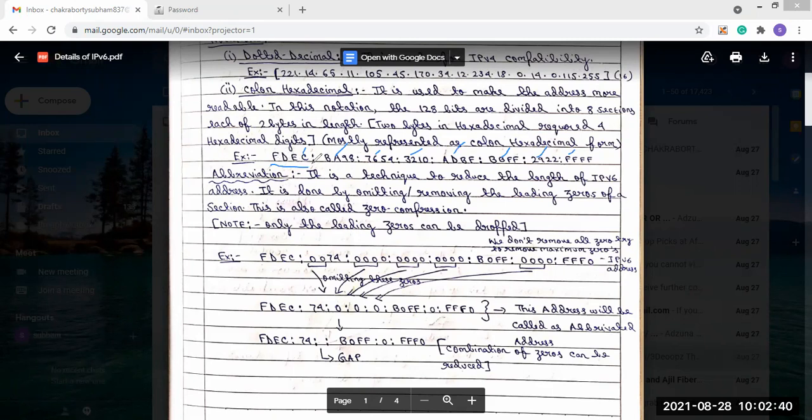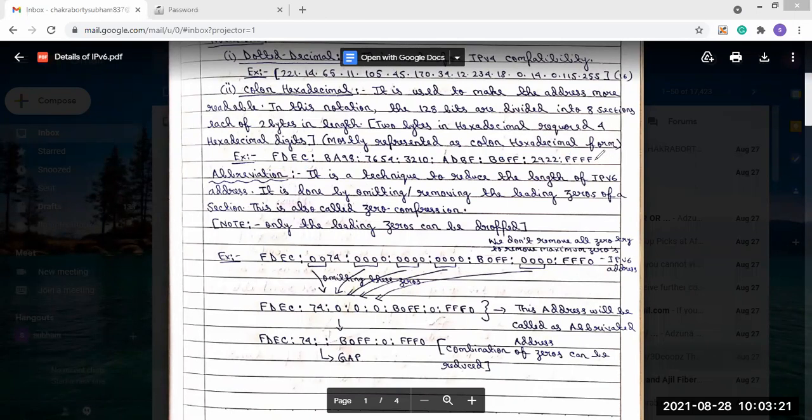So the address will look like this, FDEC colon BA98 colon 7654 colon 3210 colon ADBF colon BBFF colon 2922 colon FFFF. That's why it is named the colon hexadecimal, because we can use the hexadecimal number here, and colon is used between each section. So that's why its name is given as the colon hexadecimal.